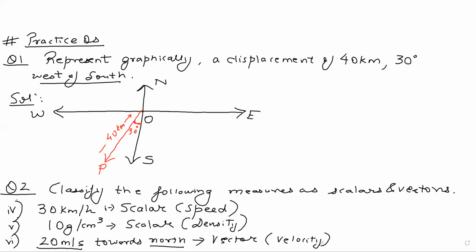I hope students have understood how to identify which quantity is a vector and which is a scalar. Any quantity which only has magnitude is a scalar, but any quantity which has both magnitude as well as direction is a vector.